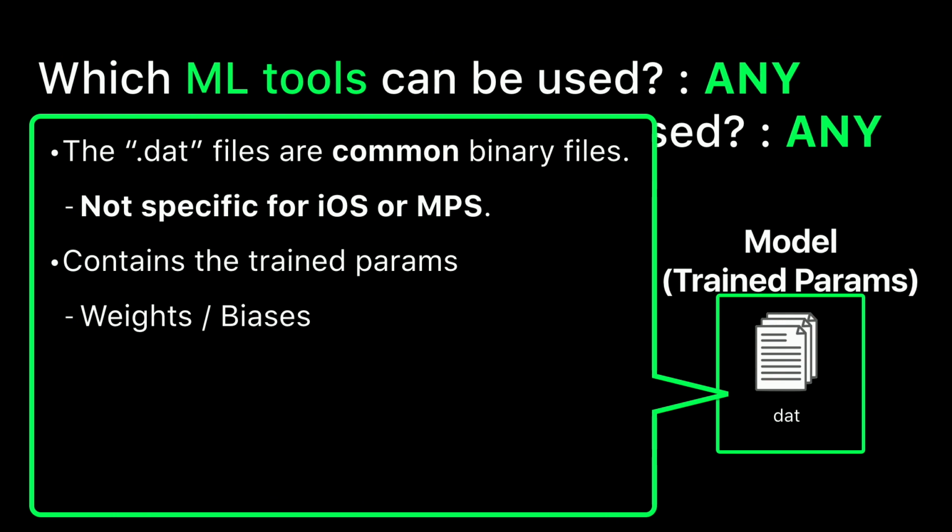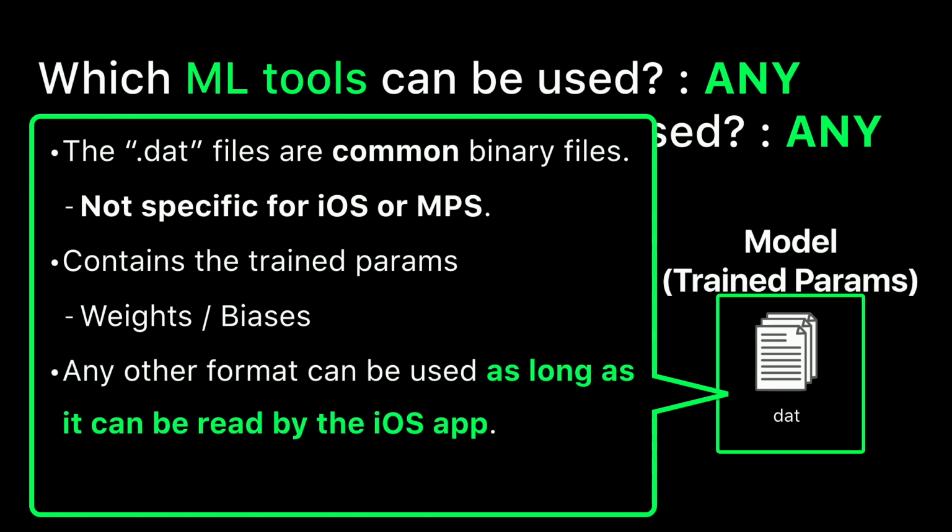So it means that we can use any other format as long as it can be read by the iOS app, such as HDF5. HDF5 is a file format which can be exported from Caffe or Keras, and it can be read from iOS.